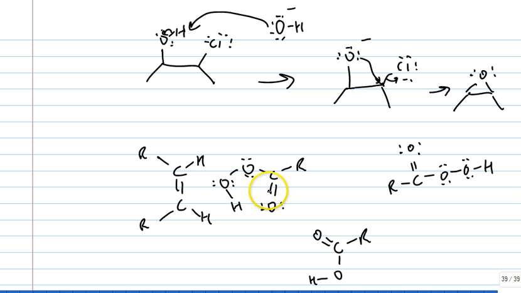So let's use this pi bond here to grab that H. And that's what makes this new bond right there. Okay? That leaves this carbon without 4 bonds. So this one's going to have to flip down to make that double bond right there. Now this leaves this O kind of by itself.